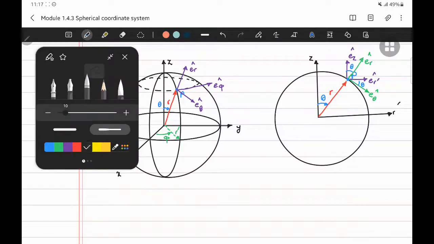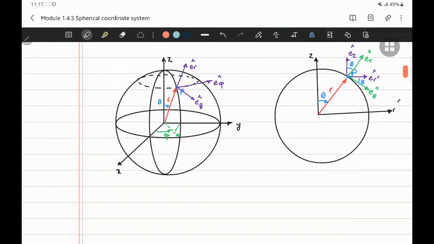So the position vector for the spherical coordinate system is the same as for the polar coordinate system. So we have r is r e r.